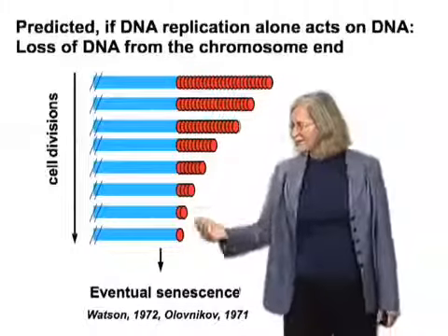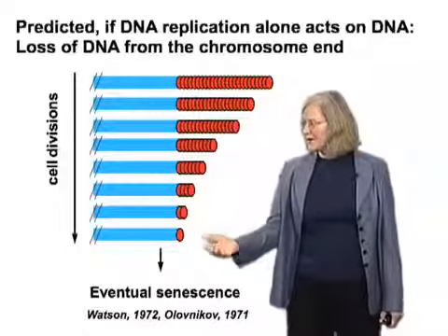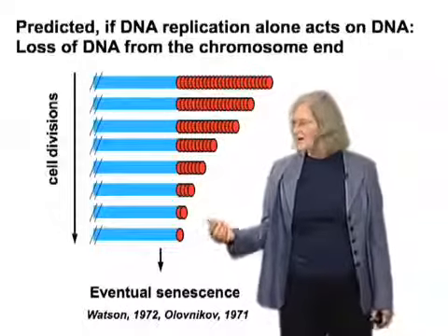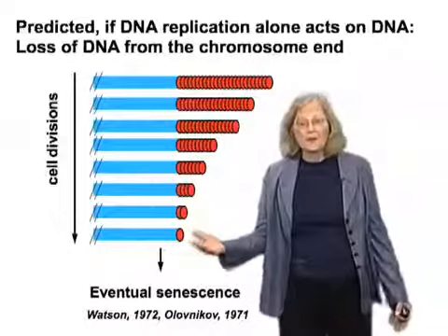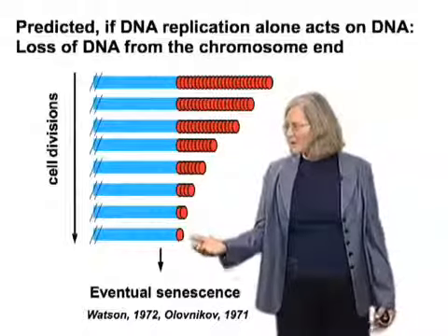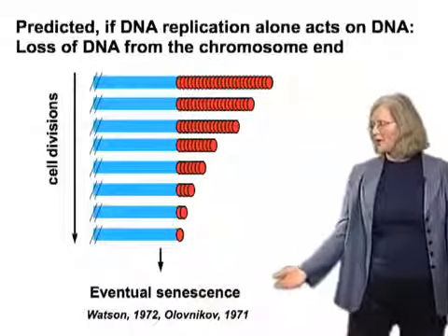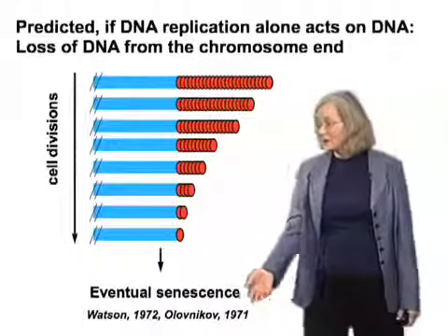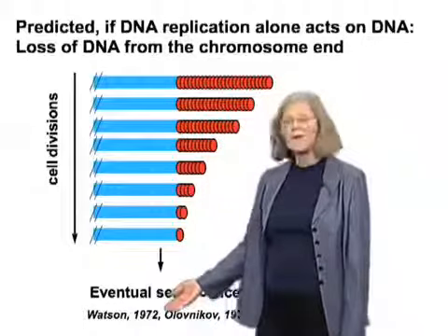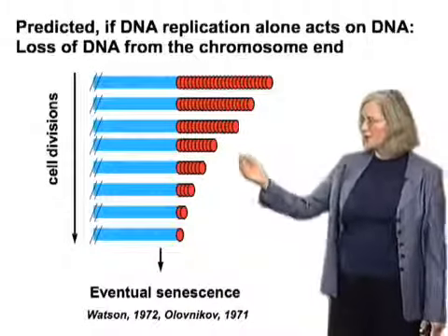But even on a shorter time frame, as cells divide and divide and the DNA gets shorter and shorter, one might predict that there would come a point when there wouldn't be enough of something or other at the end, so that the chromosomes would no longer be able to support cell division, and the cells might eventually undergo what's called senescence. And indeed, James Watson in 1972, just considering the mechanism of DNA replication, proposed this constant shortening problem.